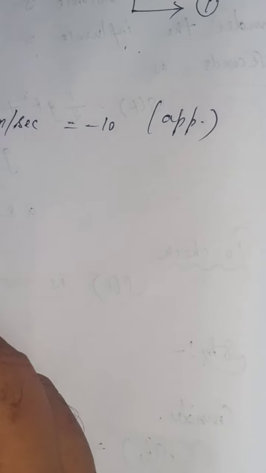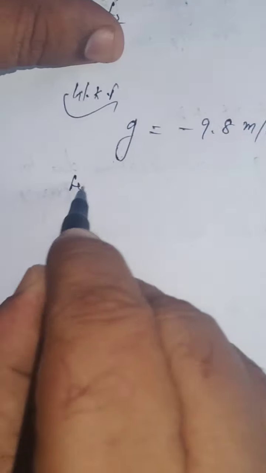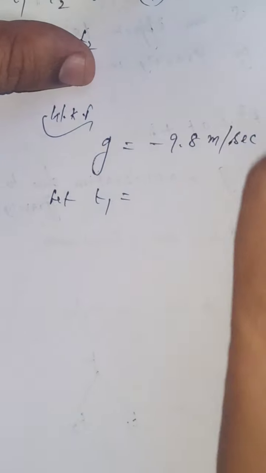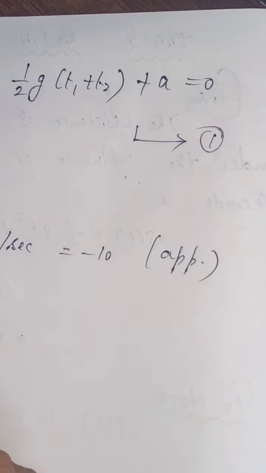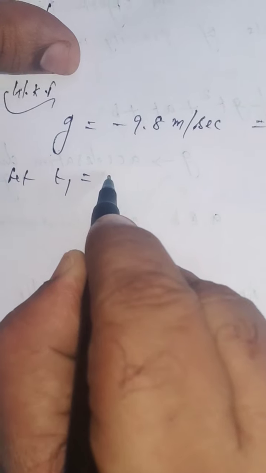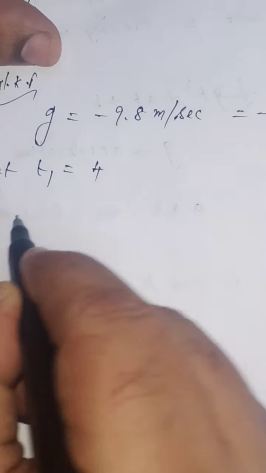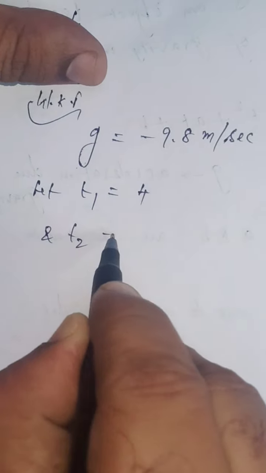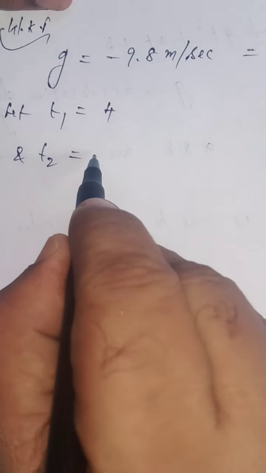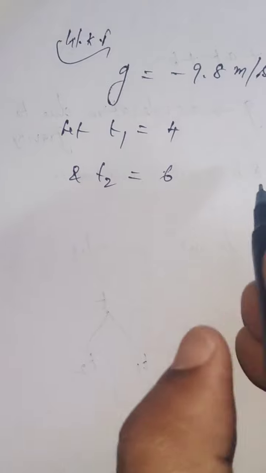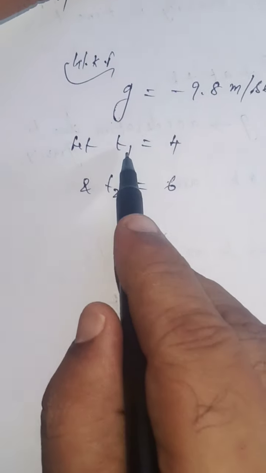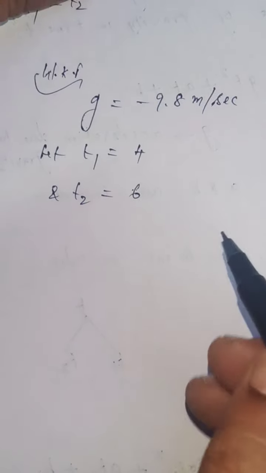Okay. Now let t1 be any one number. t1 and t2 are two different times. I consider t1 equals 4 and t2 equals 6. Any values you can take. I have taken t1 equals 4, t2 equals 6.